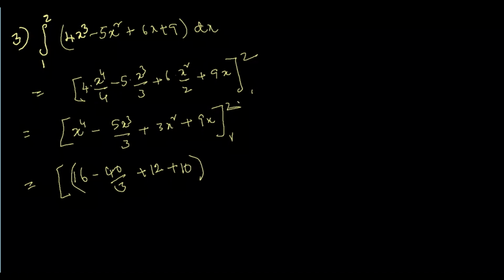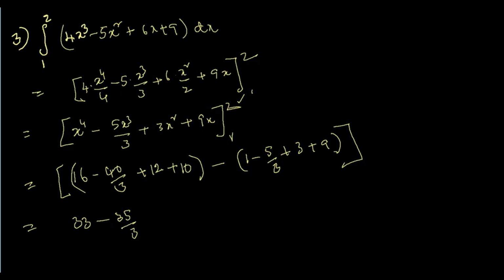Then minus the lower limit applied: instead of 16 we get 1 minus 5 by 3 plus 3 plus 9. So this is the result. If you further simplify this, you get 33 minus 35 by 3, equal to 99 minus 35 by 3, equal to 64 by 3. Answer.